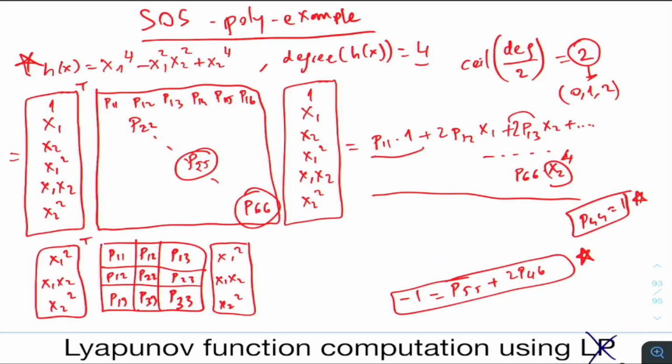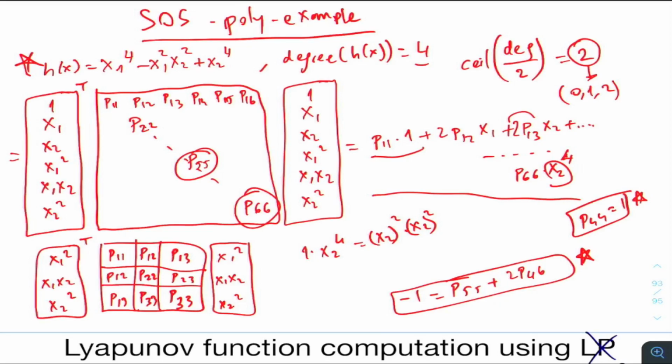And okay, so what is the third constraint? You can generate x2 to the 4 again, like in the first constraint, only using x2 squared times x2 squared basis functions, right?